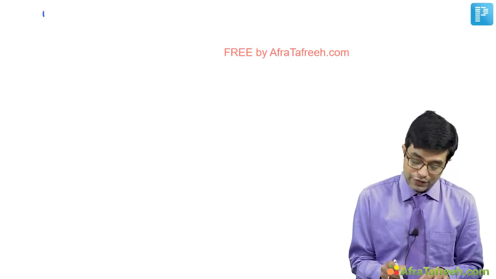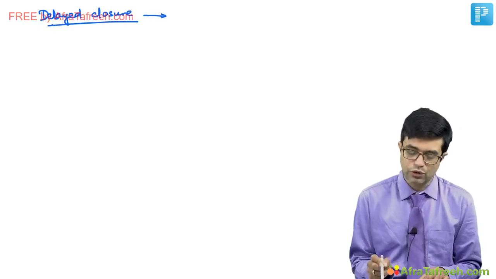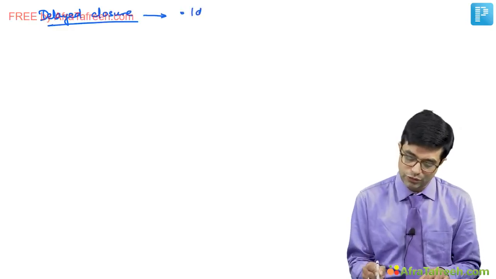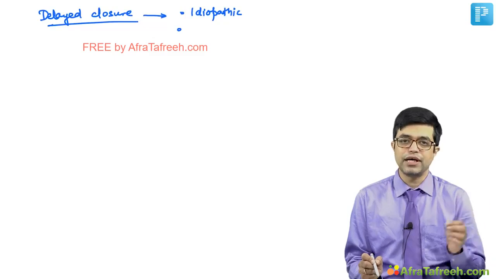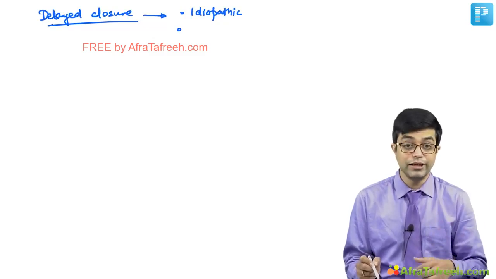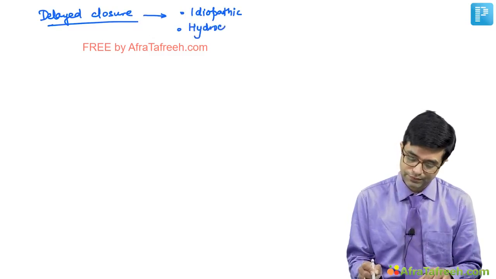What are the causes of delayed closure of anterior fontanelle? If it is not closing properly, many times the causes are idiopathic. We'll only write the major causes. Secondly, if the underlying pressure is high, it will not close immediately, it may take time. So that is hydrocephalus.